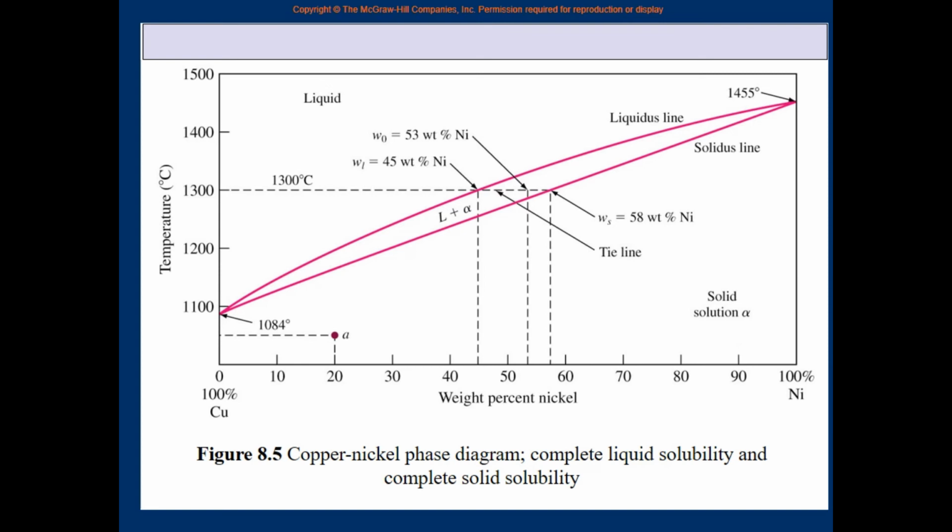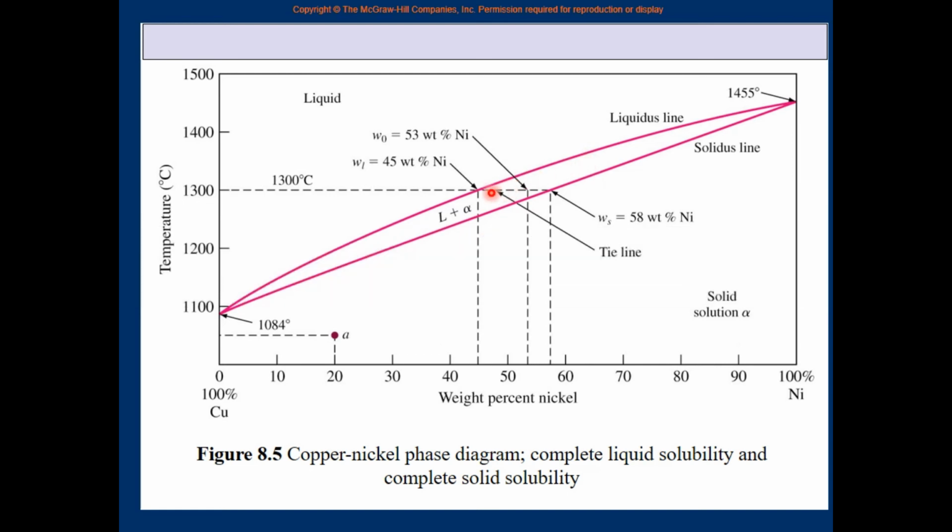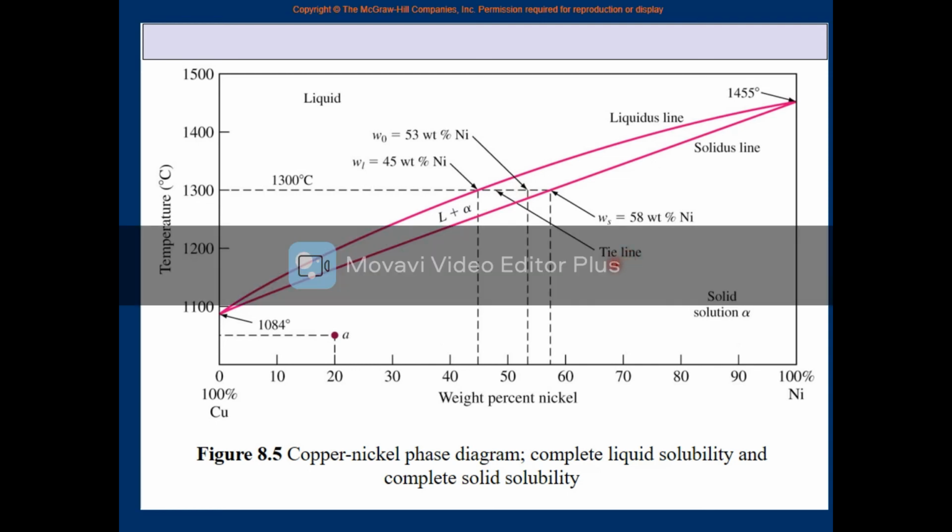Now this horizontal line, you see, this is the solidus, this is the liquidus. The portion of this horizontal temperature line which is between the two, liquidus and solidus, is called a tie line. So this is just a name. You give any temperature, you draw a horizontal line, this is the temperature line.